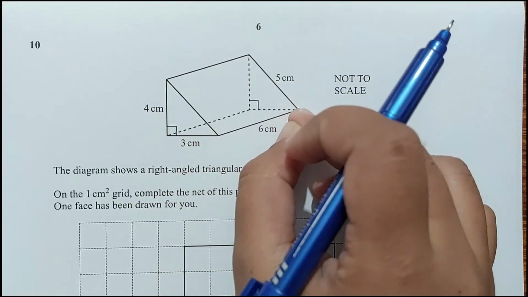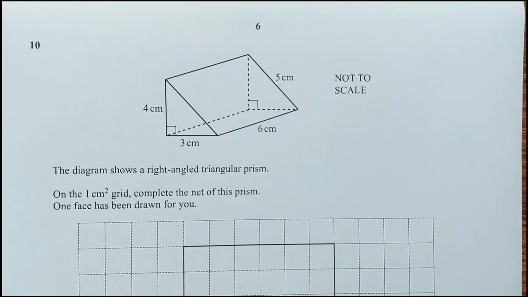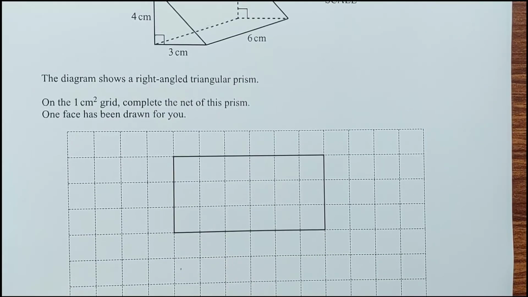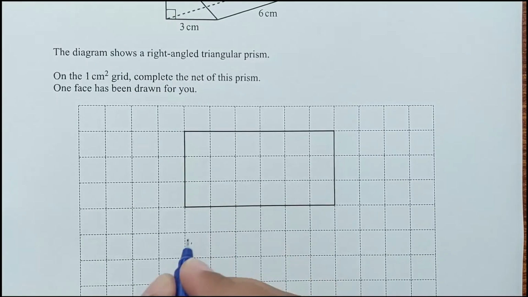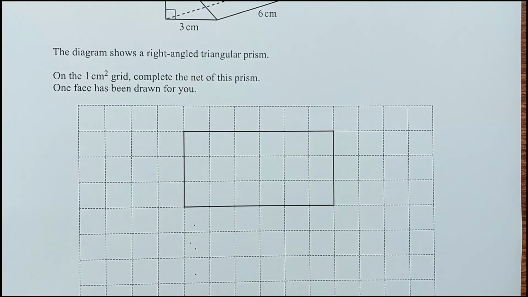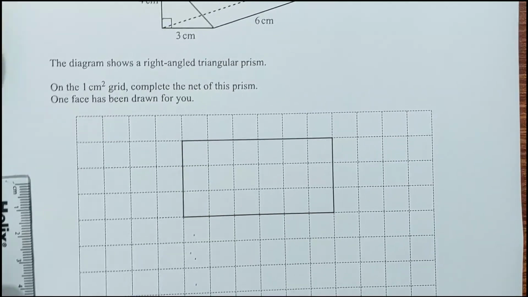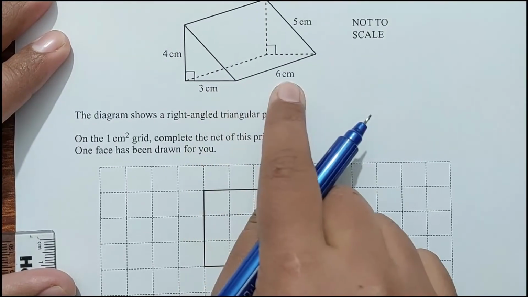So front side is 5, 5 and 6. And this is 4 and 6. So we have 4 and 6. 1, 2, 3, 4 is this, and then 1, 2, 3, 4, 5. Let me draw 4, 6 because 3, 6 is done.